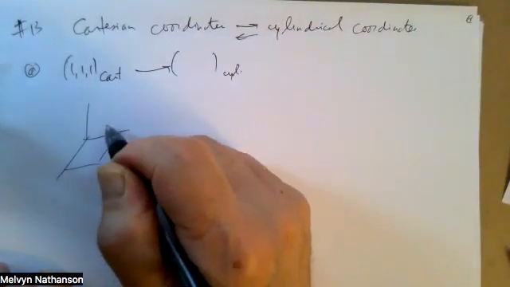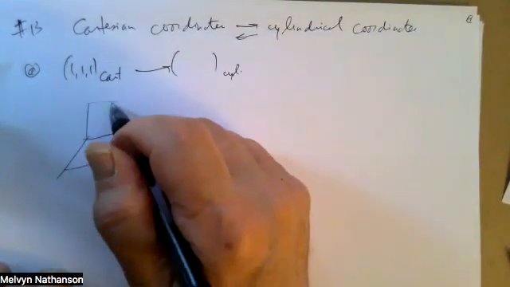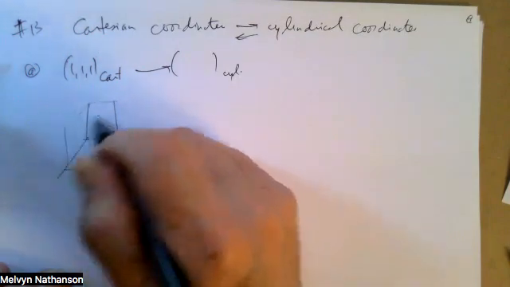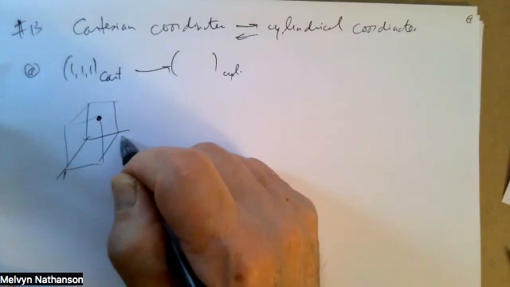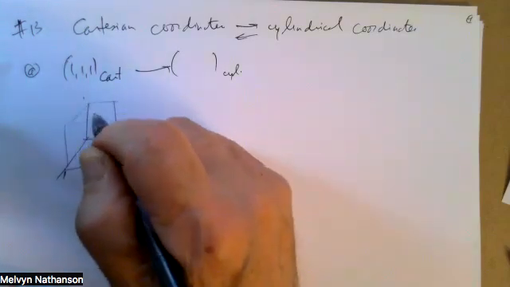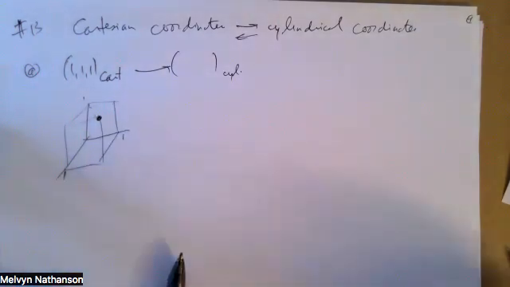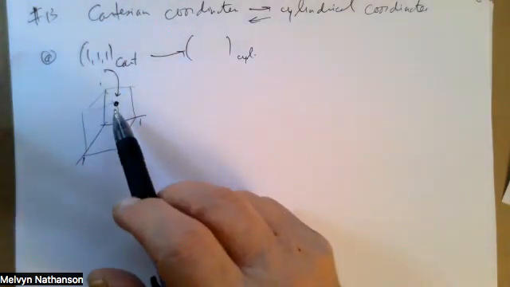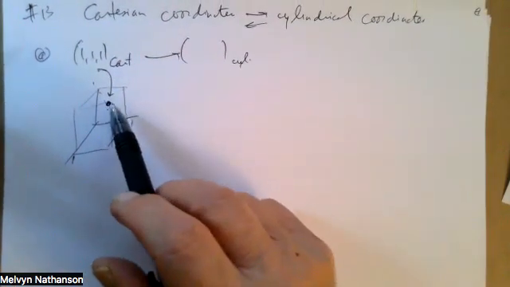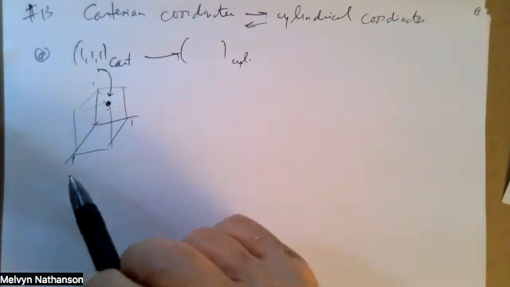So if you go 1 unit in the x direction, 1 unit in the y direction, and 1 unit in the z direction, this is the point with Cartesian or rectangular coordinates 1, 1, 1.